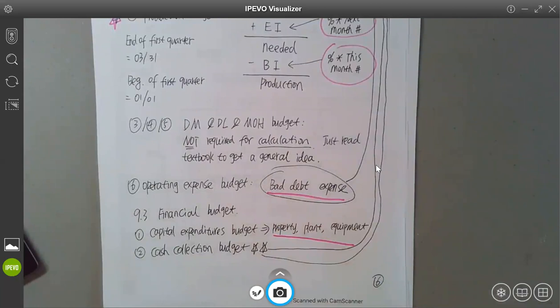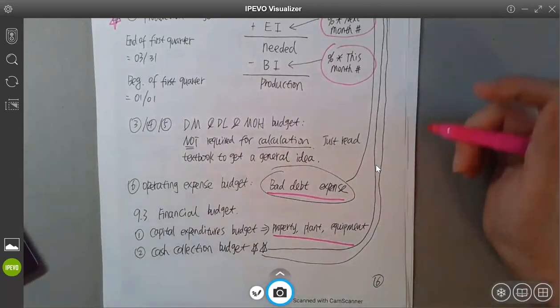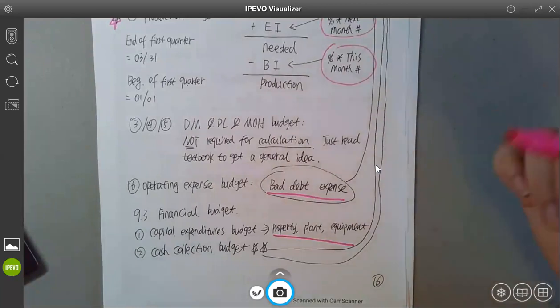So if you buy anything, you just budget it. You say, hey, I'm going to buy a piece of land costing $1 million in January, so your January capital expenditure budget will just be $1 million.